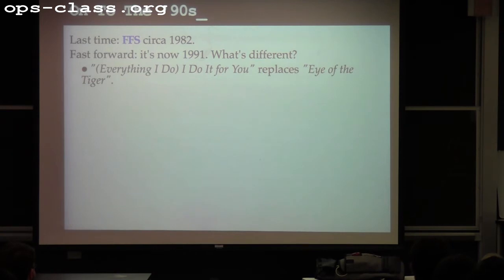So Everything I Do, I Do It for You replaces Eye of the Tiger at the top of the charts. Eye of the Tiger, debatably a much better song than Everything I Do, I Do It for You. So it's not clear that this is a move and that the world is improving here. Silence of the Lambs replaces Gandhi. Oscar award-winning film.